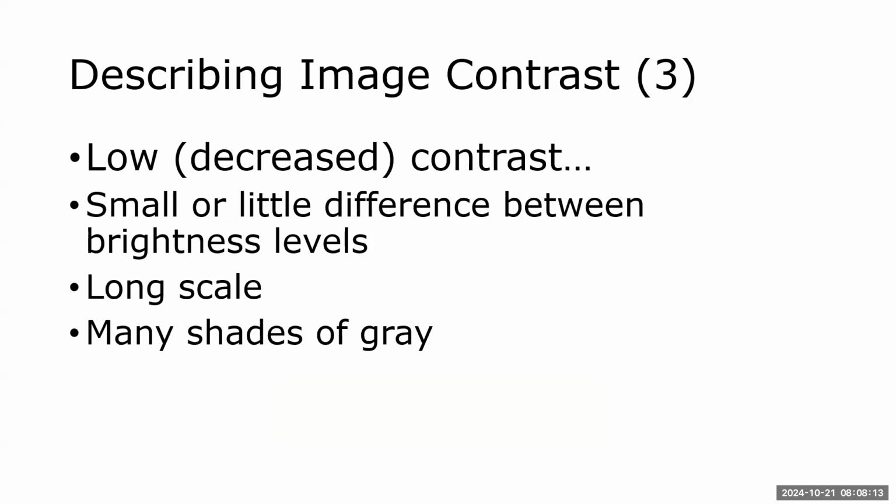And that's when there's small or very little difference between the brightness levels. We can also refer to that as long grayscale, or the image having many shades of gray. So remember, low contrast, long grayscale, lots of shades of gray. The LOs: low contrast, long grayscale, lots of shades of gray. And then the opposite would hold true for higher contrast.